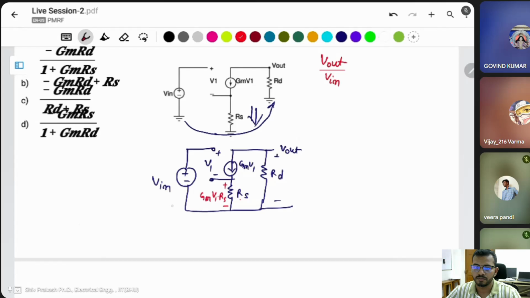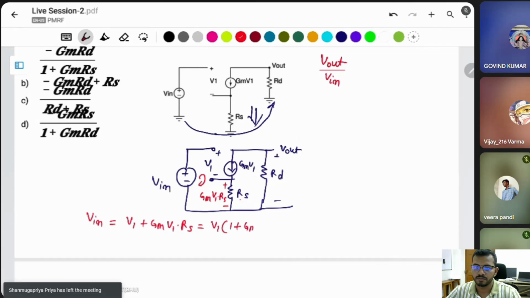Then what is V in? By KVL in this loop, V in is equal to V1 plus GM V1 into RS. It means V1 taking common, 1 plus GM RS.